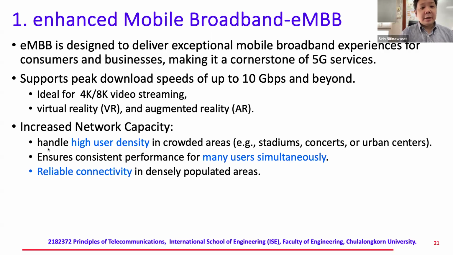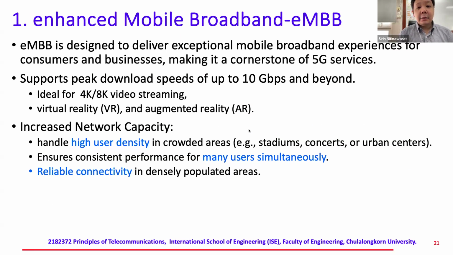To be able to support this service category, the network has to be designed to increase its capacity significantly to handle high user density in crowded areas and to have consistent performance for many users simultaneously with reliable connectivity in populated areas.